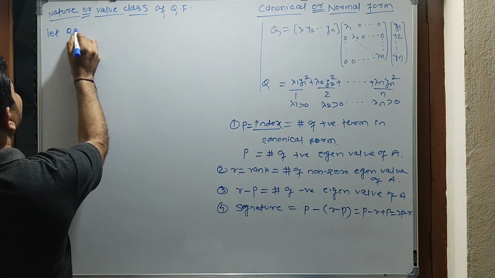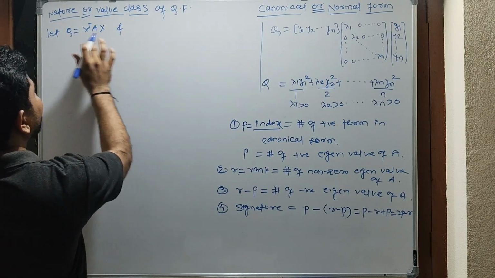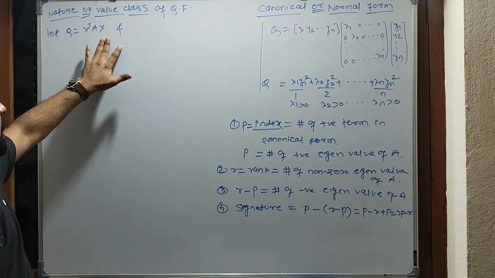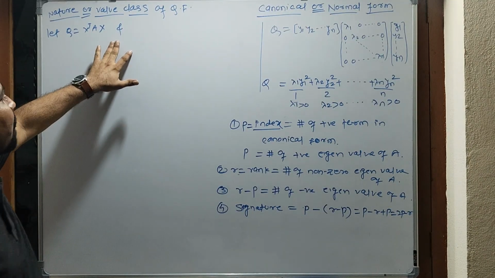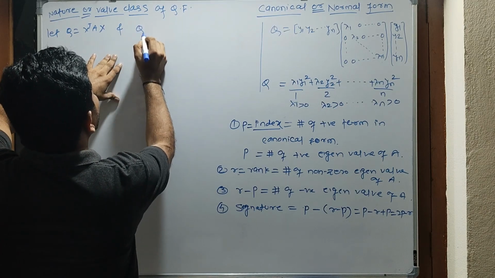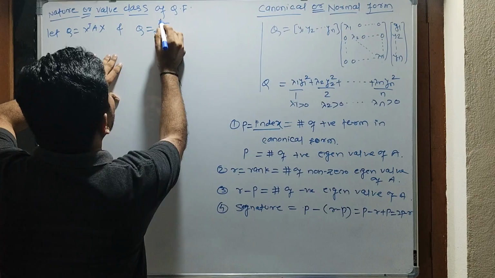Let Q equal to X transpose AX be the quadratic form in n variables x1, x2, up to xn. We transform this quadratic form into the normal form, summation lambda i yi square, i running from 1 to n.